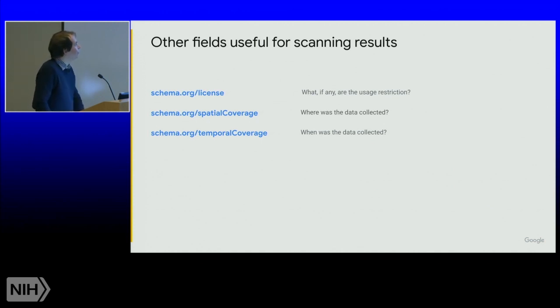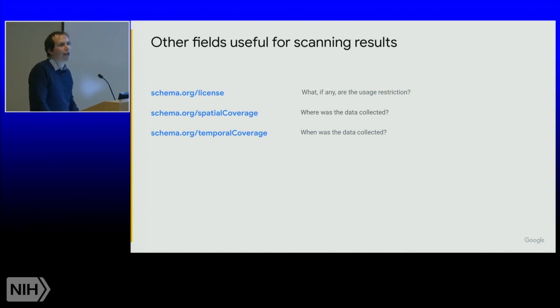Okay, so that's about scanning, and there are three more pieces of metadata that are useful. Licenses. We do know that there is a non-trivial subset of people searching for data who have specific licensing needs.